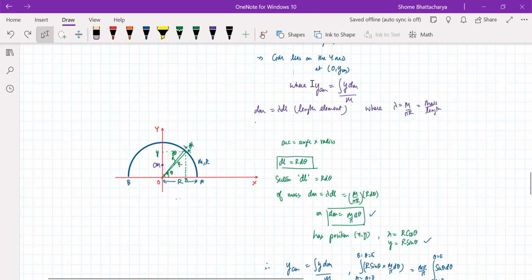So now the y coordinate of the center of mass is given by this relation, integration y dm divided by total mass.